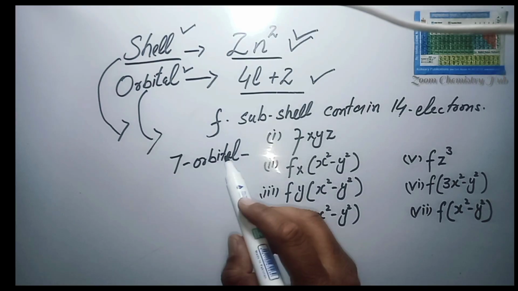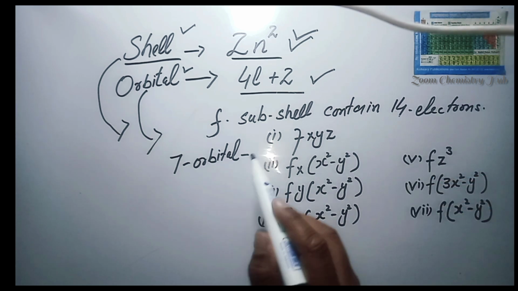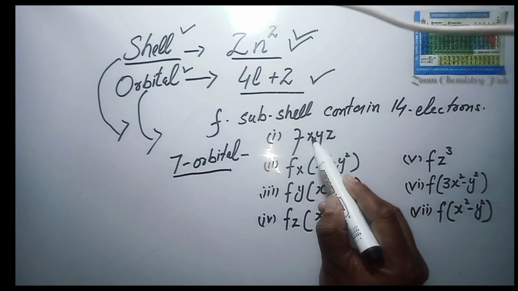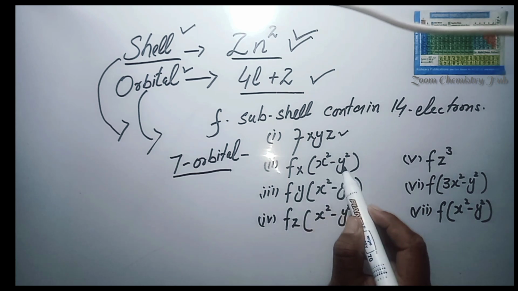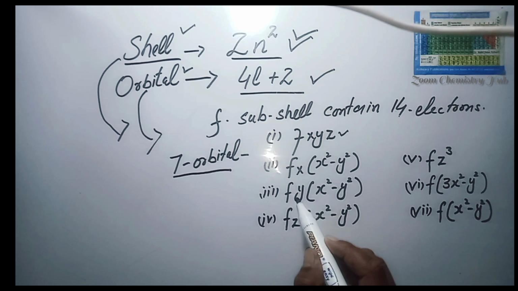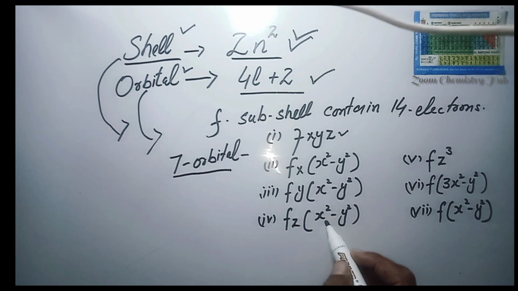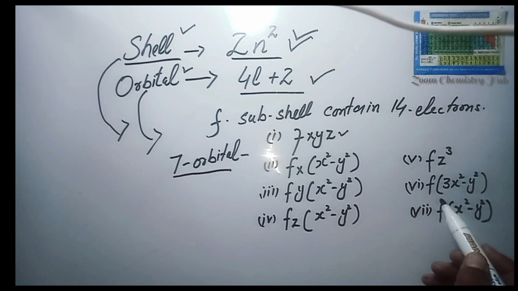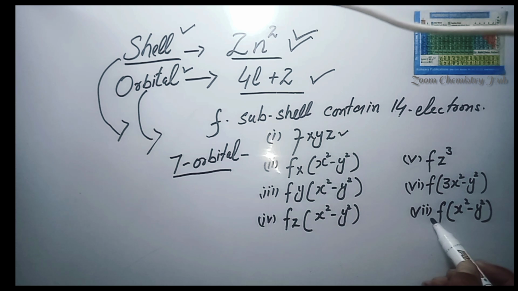And lastly, the f subshell contains 14 electrons, and we know that the f subshell has 7 degenerate orbitals: number 1, fxyz; number 2, fx(x square minus y square); number 3, fy(x square minus y square); number 4, fz(x square minus y square); number 5, fz cube; number 6, f(3x square minus y square); and number 7, f(x square minus y square).